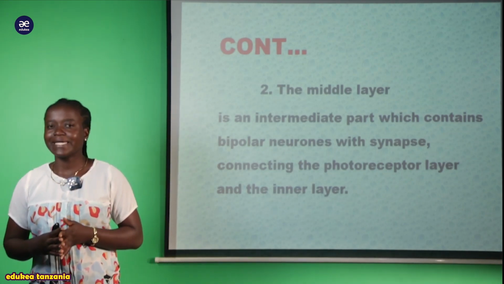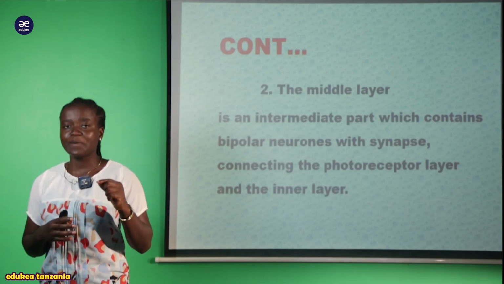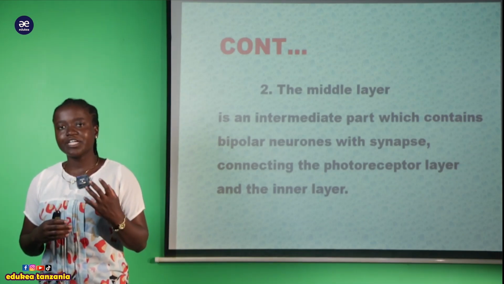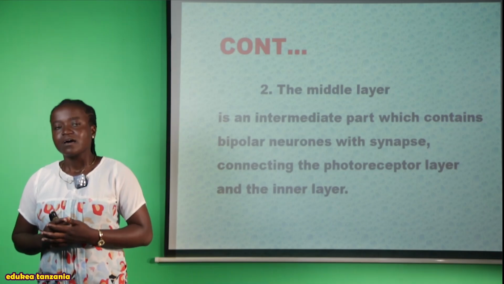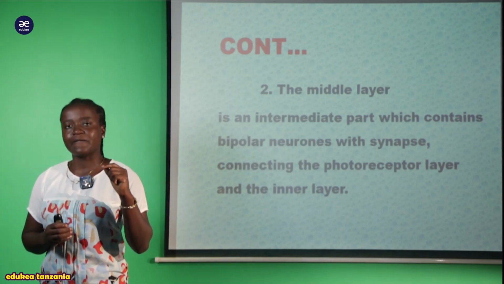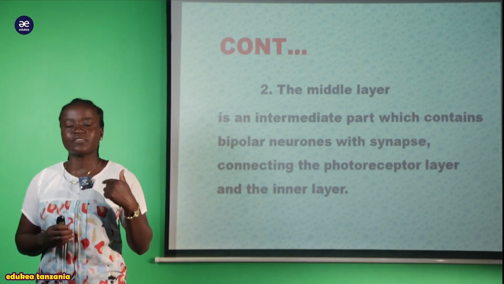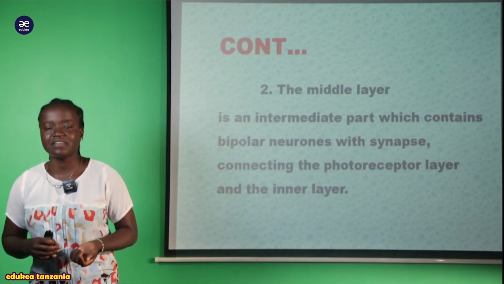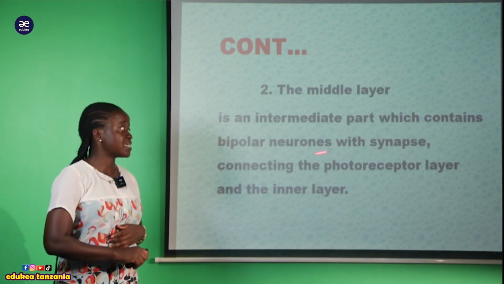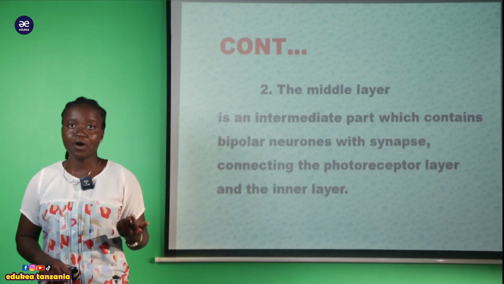Hii tunasema kwamba ni intermediate layer, ni layer ambayo ipo katikati, inaunganisha kati ya outer layer na inner layer of the retina. Within this middle layer is where the synapse and the neurons are located, or we can say that bipolar neurons are located within the middle layer.